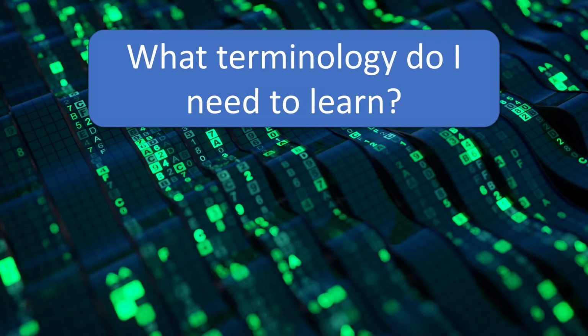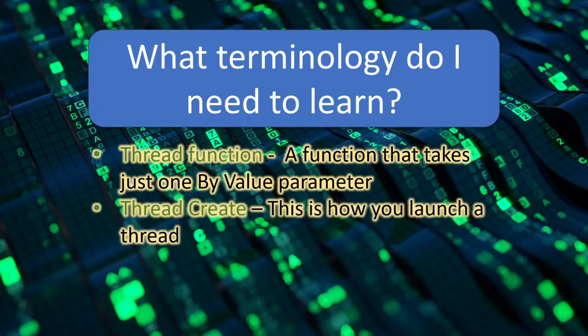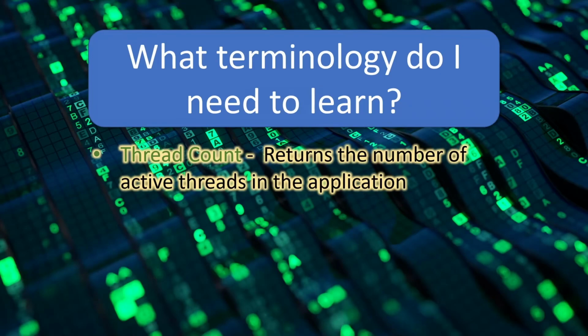So what terminology do I need to learn? Thread function. This is a function that takes just one by-value parameter. Thread create. This is how you launch a new thread. Thread count. This returns the number of active threads in your application.